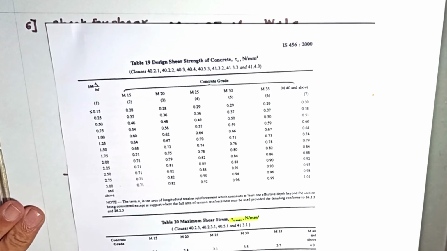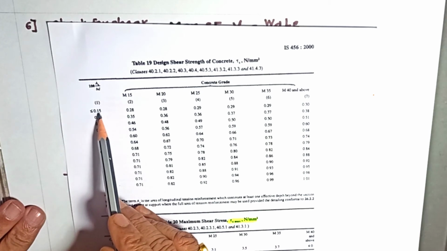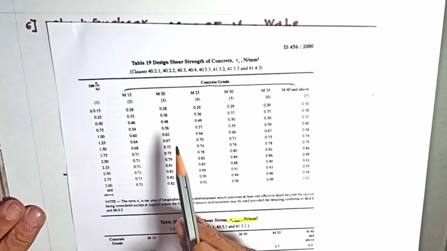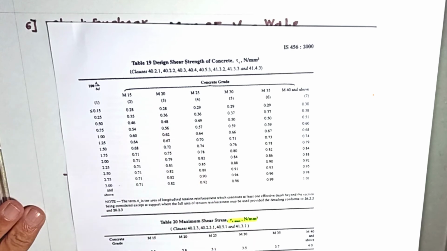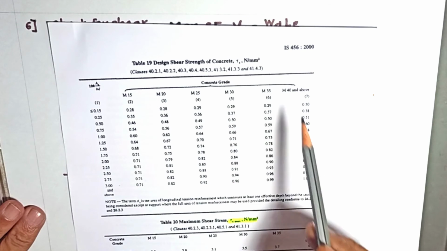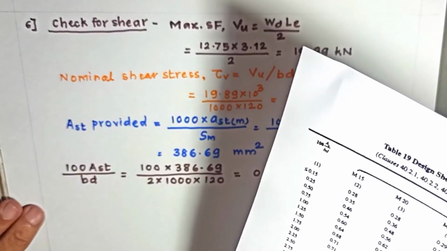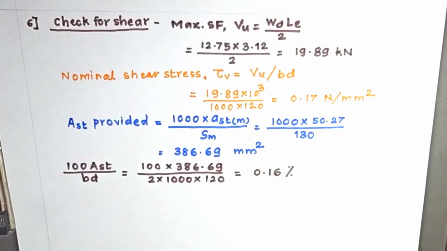So we want to find out for M20 and 0.15, this is 0.16 is very close. Okay, so I will take it as 0.28. Okay, so this is from table number 19 of IS 456 2000 on page number 73. Okay, so what you are going to write now?